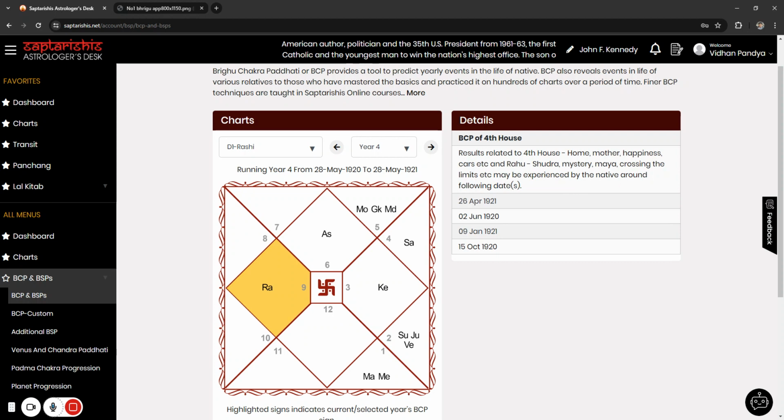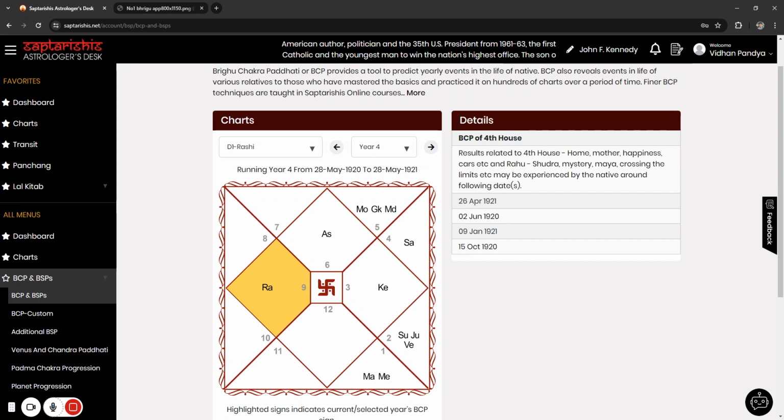So you have the significations: home, mother, happiness, cars, and then you have Shudra, mystery, Maya, crossing the limits. So in that year, there could be events related to mother, or there could be events related to home.